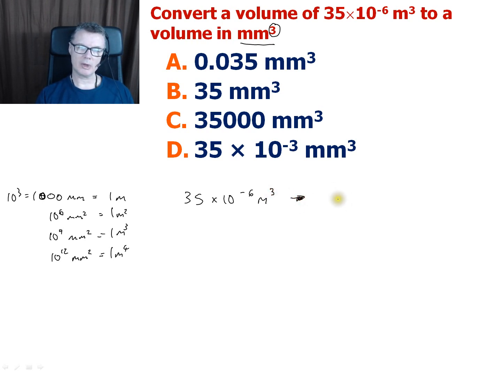So one way to do it is to use one of these values. In this particular case, you could use this equation here. And you could say, well, 1,000 millimeters divided by 1 meter will give me my conversion into millimeters.